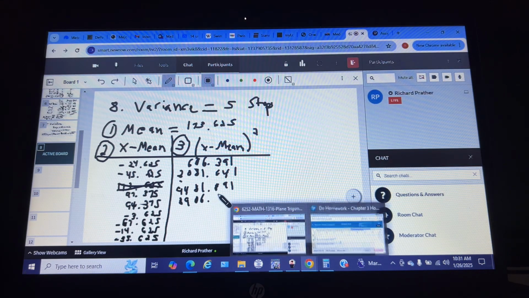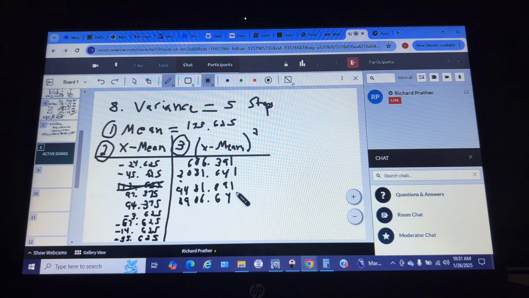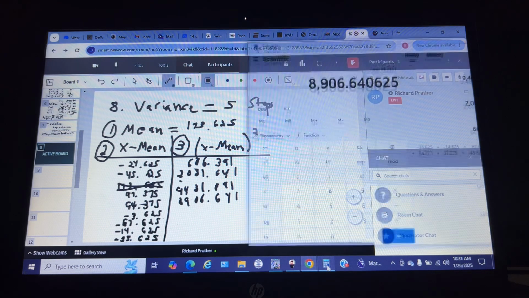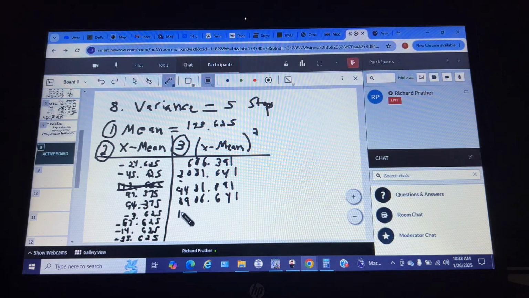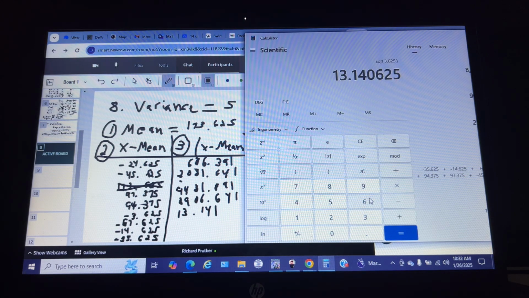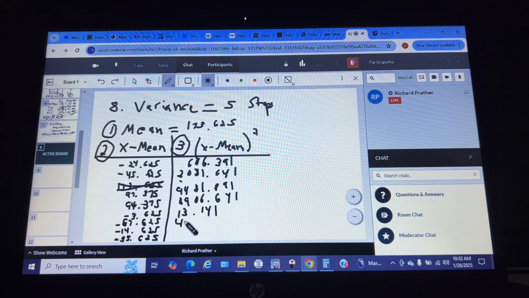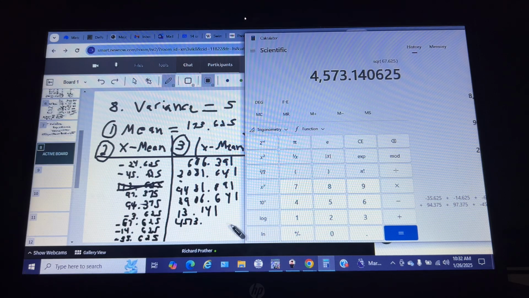See how they're all ending with a 1 too. Okay, then we got 3.625 squared, 13.141, 67.625 squared is 4573.141.